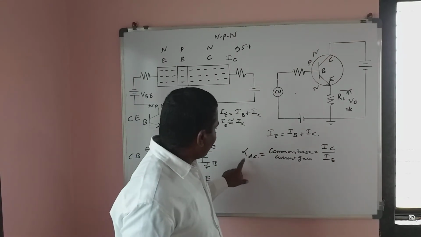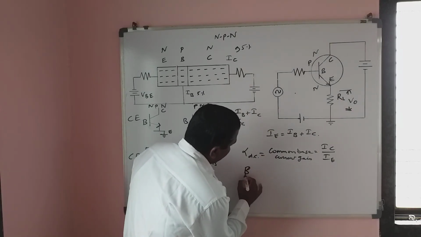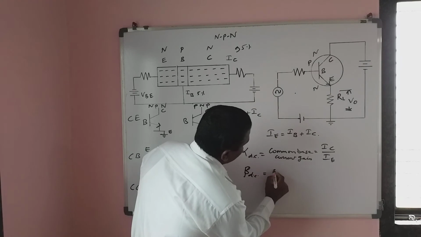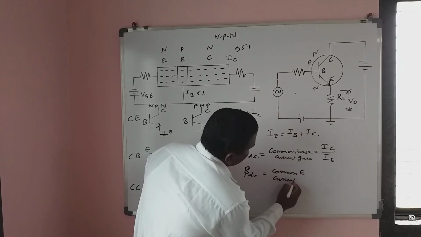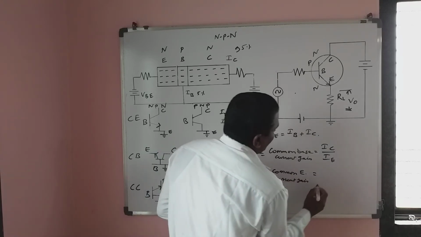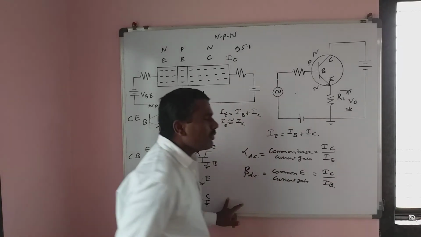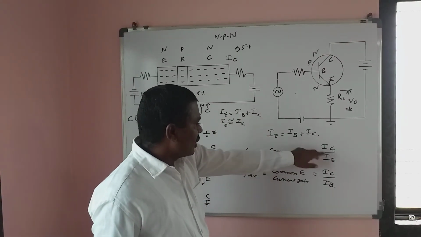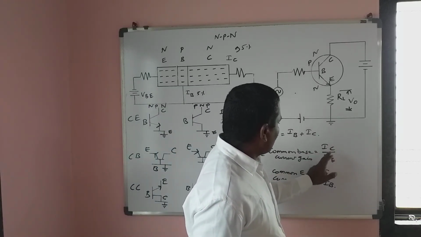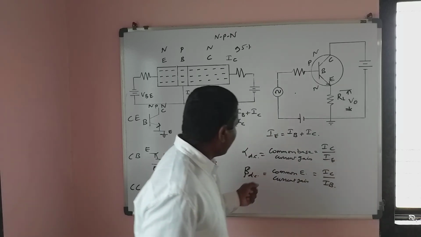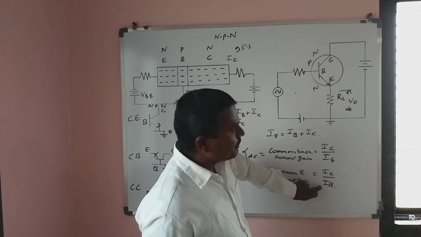Another term is beta DC, the common emitter current gain, which is equal to IC upon IB. The common base current gain is the ratio of collector current to emitter current, and the common emitter current gain is the ratio of collector current to base current.